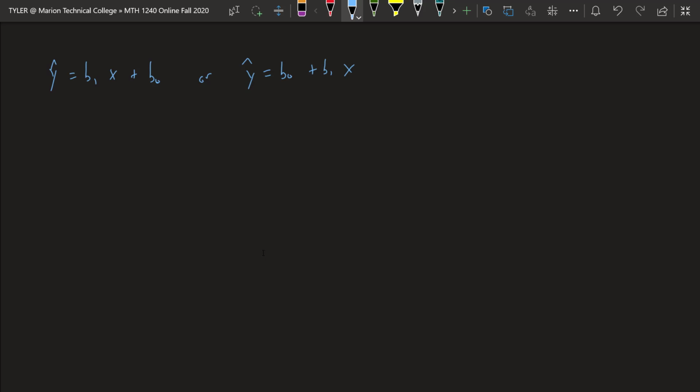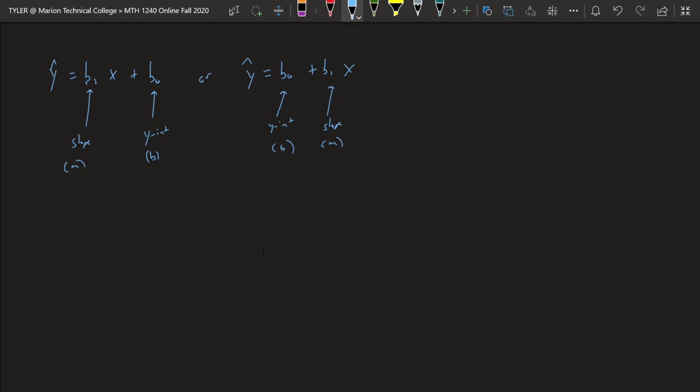It's important to note that b1 and b0 are your slope and y-intercept. The value that's being multiplied by x is the slope, so in this case it's the coefficient of x, and over here b1 is also the slope, it's just in a different order. So b sub 0 is the y-coordinate of the y-intercept. This is like your m from before, and this is like your b from before, like in algebra class.